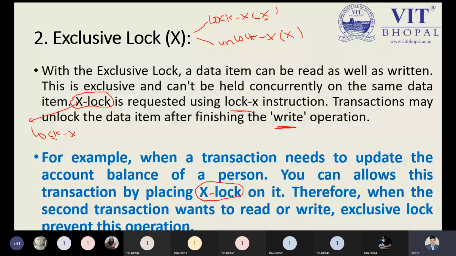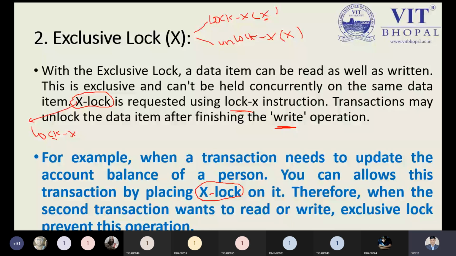And therefore, when a second transaction wants to read or write, the exclusive mode prevents the operation. If you are using exclusive mode, then other transactions cannot read, because at that time we have the right to write something on this data item. So this transaction will block the particular data item for other transactions.